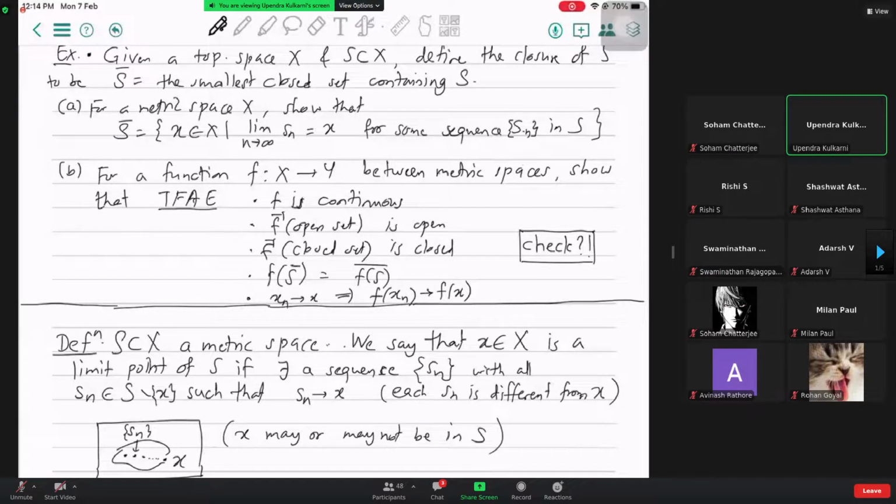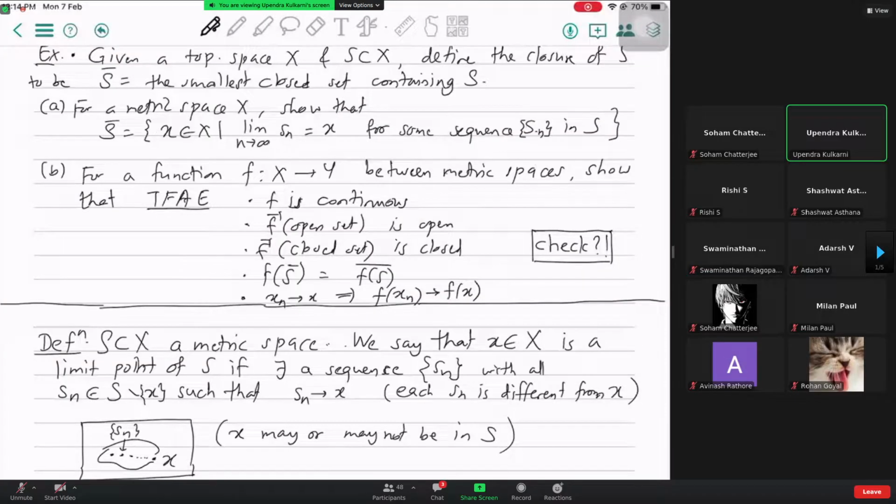If the point X happens to be in the set S itself, and if I do not take this condition, if I allow the elements Sn to come from arbitrary points in S, then I can always take the stupid sequence that converges to X, namely every Sn is X itself, right?